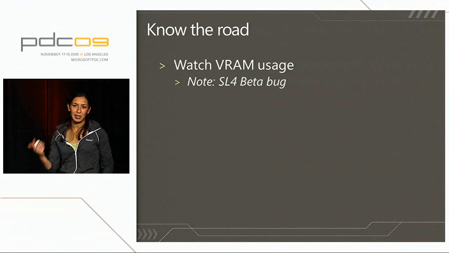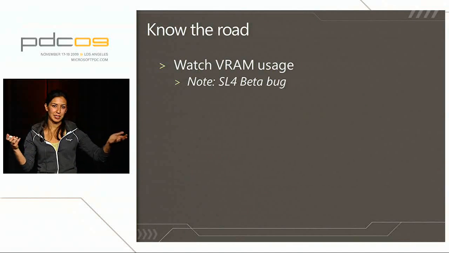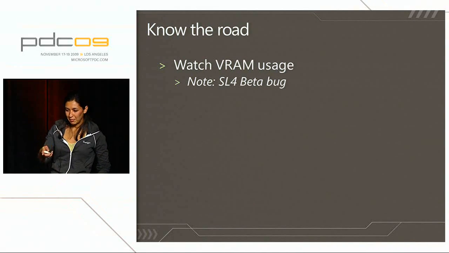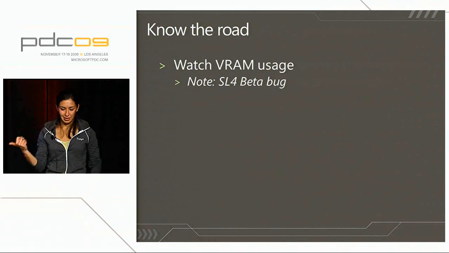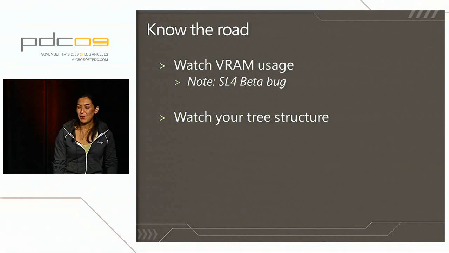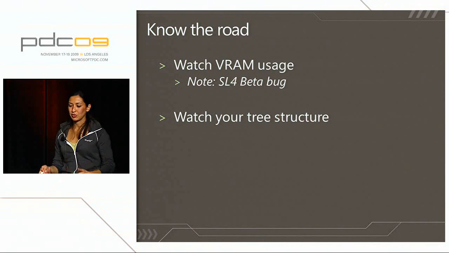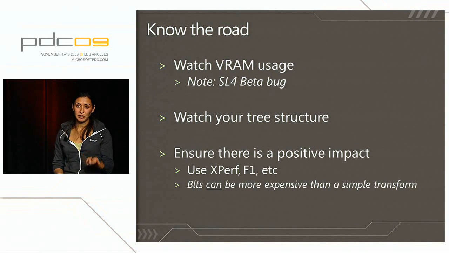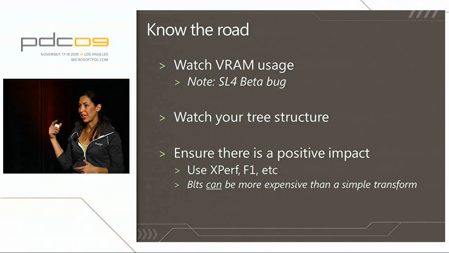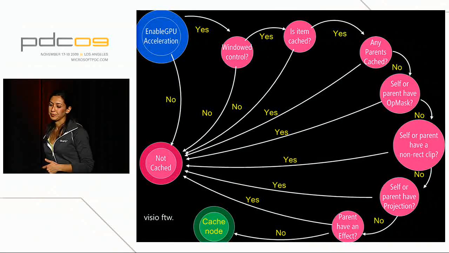Make sure that you're not creating like 10 billion intermediates that are really large and really expensive to blit. I mentioned the bug earlier. Test with Silverlight 3, not Silverlight 4 beta. Watch your tree structure. Make sure that you're not interleaving or nesting cache nodes. And ensure that there's a positive impact. So sometimes a bitblit can be more expensive than just executing that transform on the CPU.